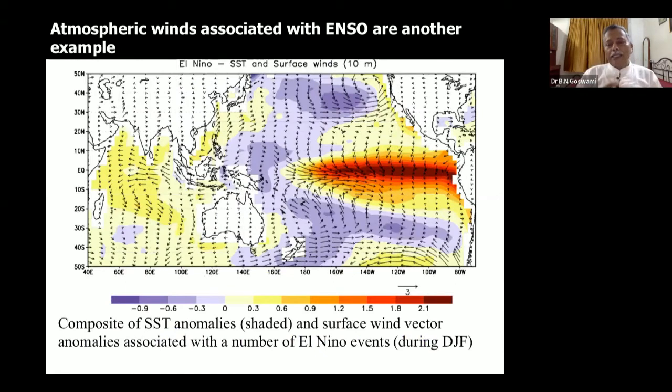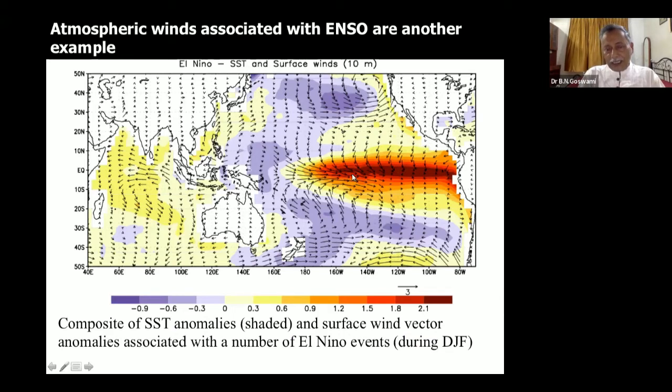So other examples of such circulation in the tropics are the response of the atmosphere to heating associated with El Ninos, and El Nino and La Nina.